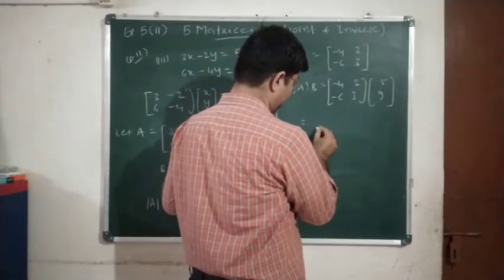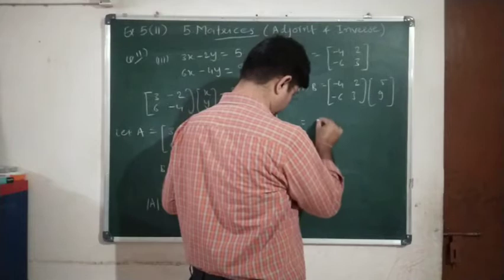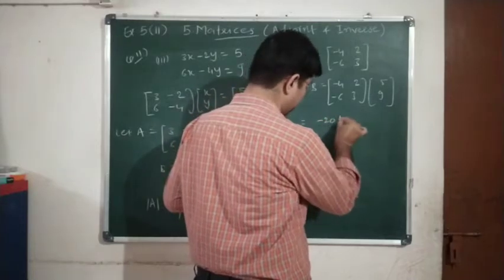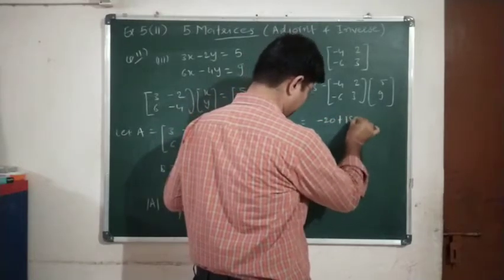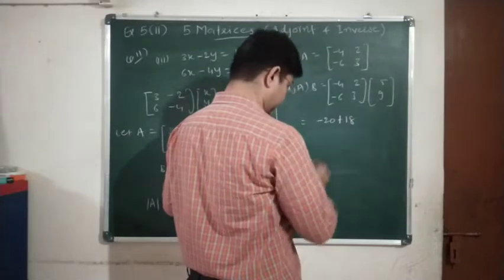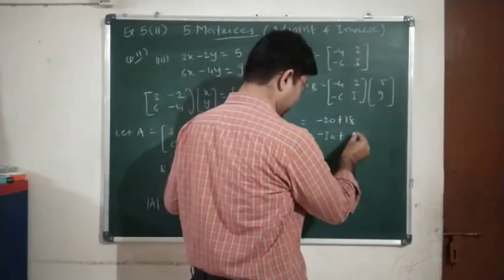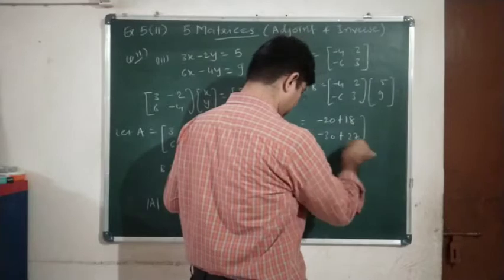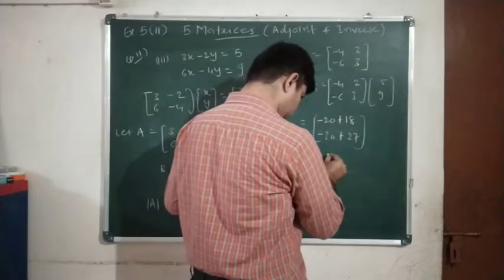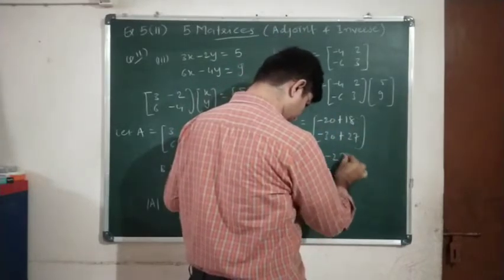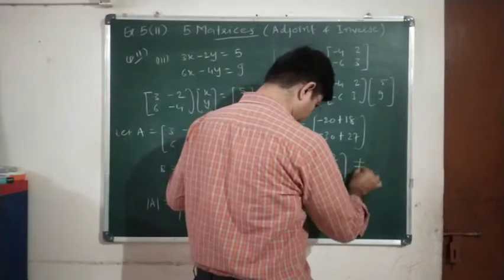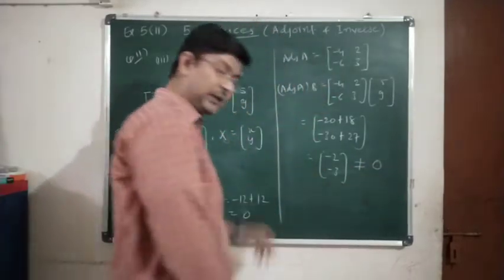Minus 4 into 5 is minus 20 plus 9 into 2 is 18, then minus 30 plus 27. So we get minus 2, minus 3. This is not equal to the null matrix.